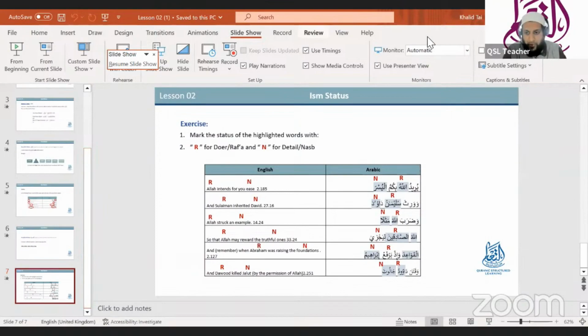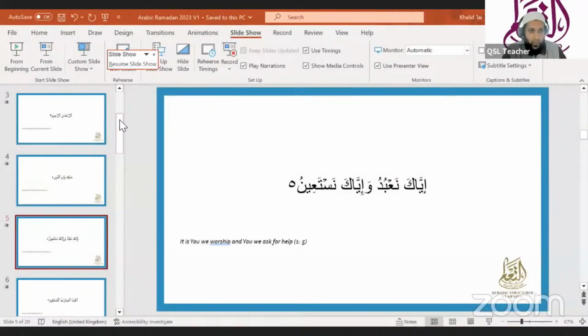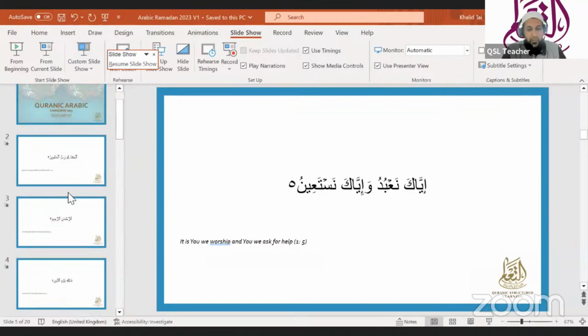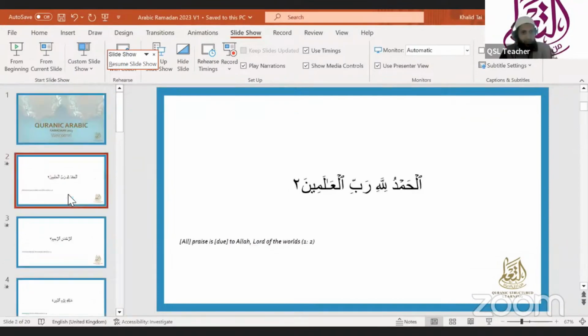Okay, let's now go on to Fatiha like we did yesterday. Let's mainly focus on the English here, because it'd be easier to point out the Rafa and Nasab on that.